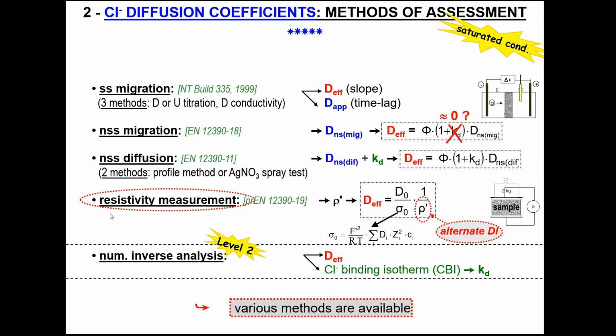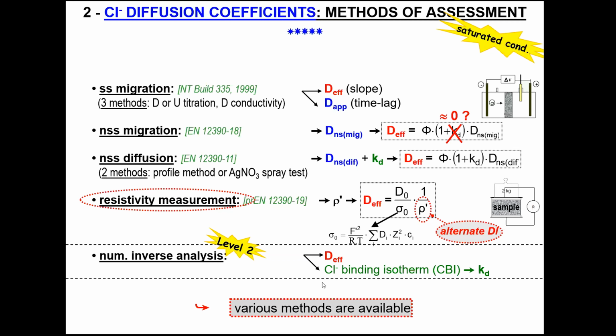And it is also useful to mention that even if you do not have direct access to these properties, with a resistivity measurement, which is also now covered by a standard test method, you can assess the effective diffusion coefficient thanks to this analytic law.